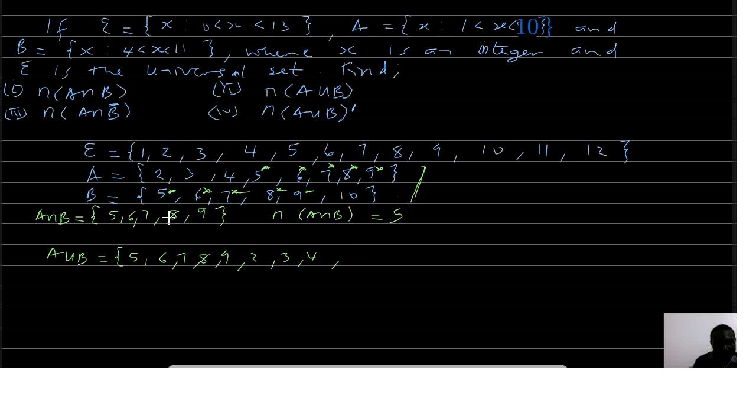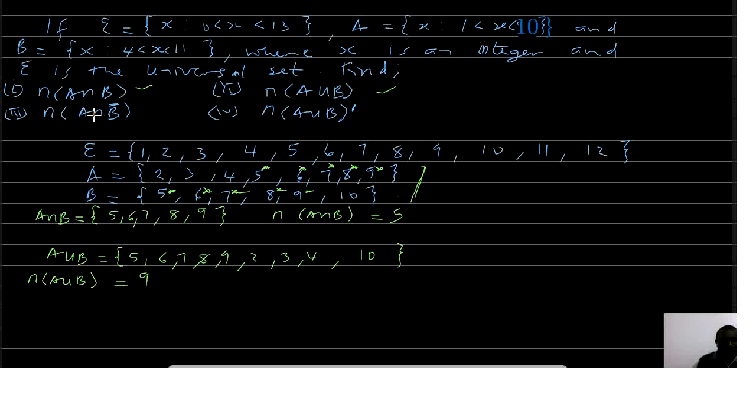Then elements which are in B but not in A. So this is our union of A and B. Therefore, the number of elements in A union B is going to be equal to, count this, 2, 3, 4, 5, 6, 7, 8, 9. So we have 8 elements in the union. That's done. Going to the next.